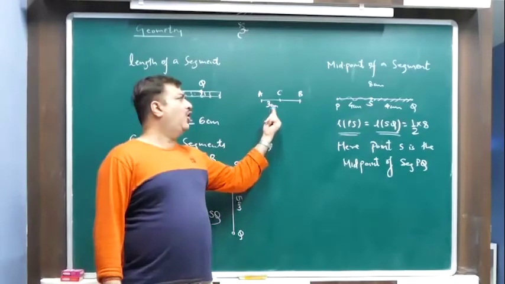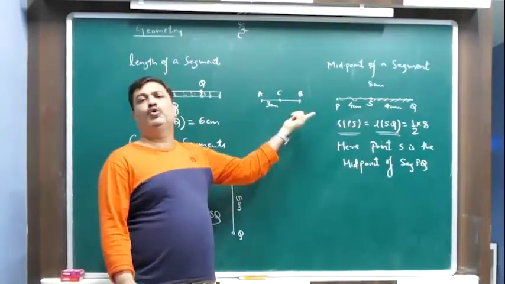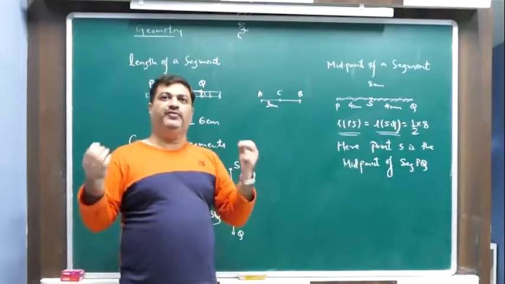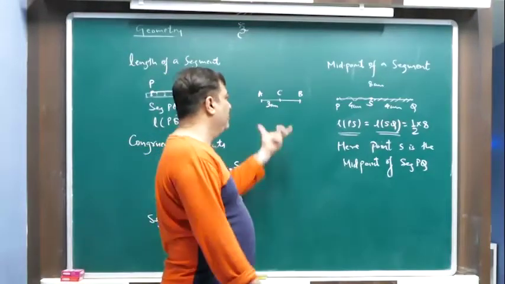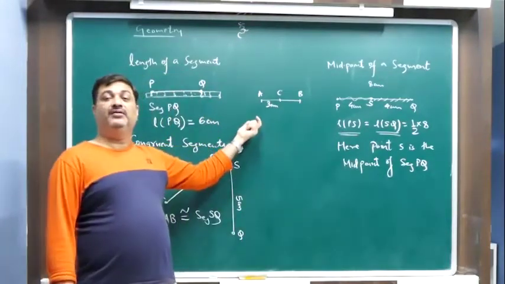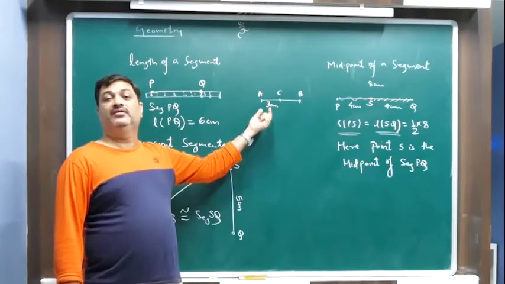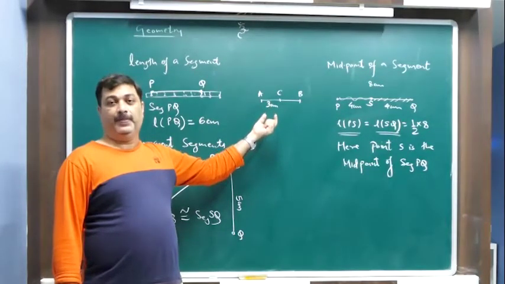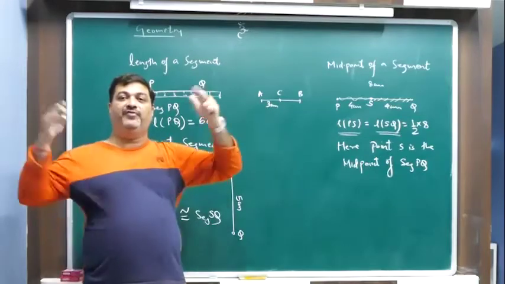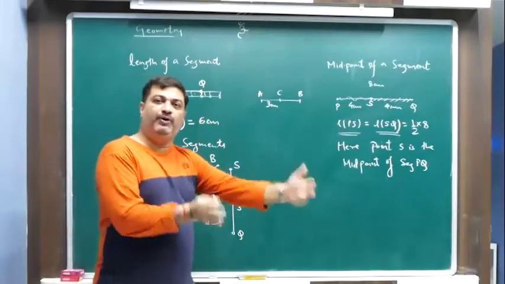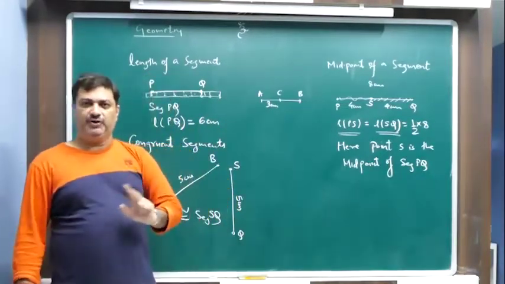If this is 3, how much would this be? 3. So what is the total? 6. So length of AB is 6 centimeter. Is that clear? So the full part is double the half part. Each part is going to be half of the full, and the full is going to be double of the half. That logic is very simple.